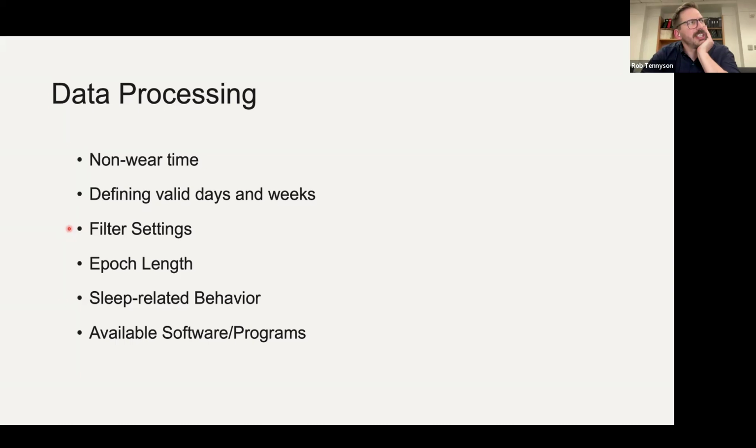The specific name is escaping me right now because I don't have it written down, which was a mistake on my part. But the regular filter is usually going to be good for whatever you want to do. There are also some settings that will help you save battery life. If you want people to wear something for a month straight, you might use that so it can switch into energy saving mode at times.